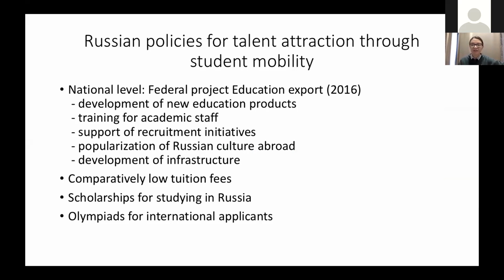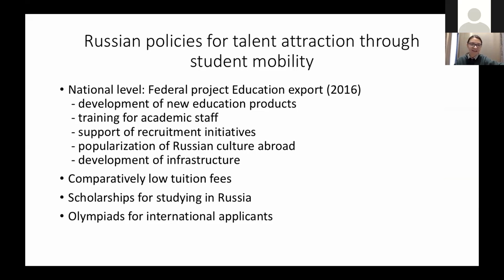various Russian schools, language schools, and national organizations and so on, and development of infrastructure, specifically development of campus infrastructure and infrastructure for international students, for example, dormitories. Another pull factor for international students to pursue education in Russia is comparatively low tuition fees.